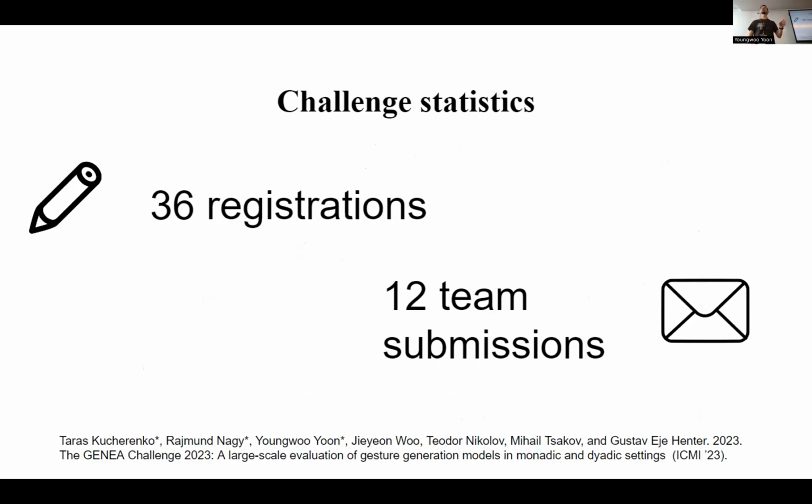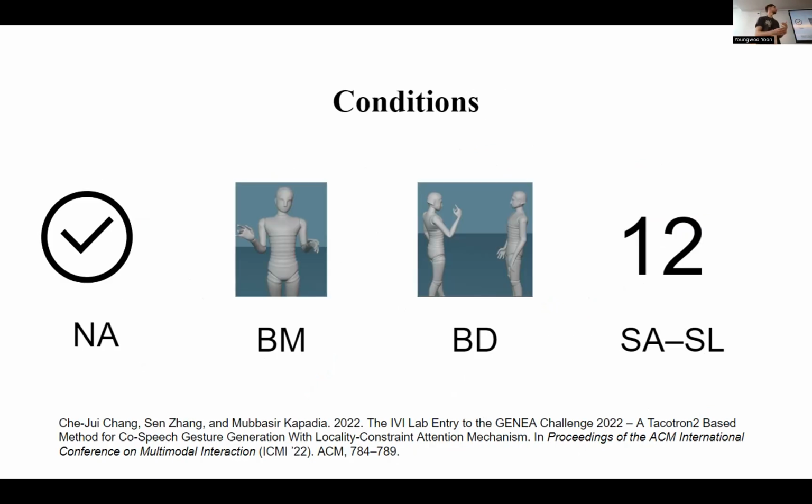Out of those 36 registrations, we had 12 teams which went all the way till the end and submitted their system for the evaluation. So here are the conditions that we evaluated. We had natural motion. This was the motion capture from the dataset. We had 2 baselines, BM being a monadic baseline from last year's challenge, which won the reproducibility award and had pretty good quality code on GitHub.